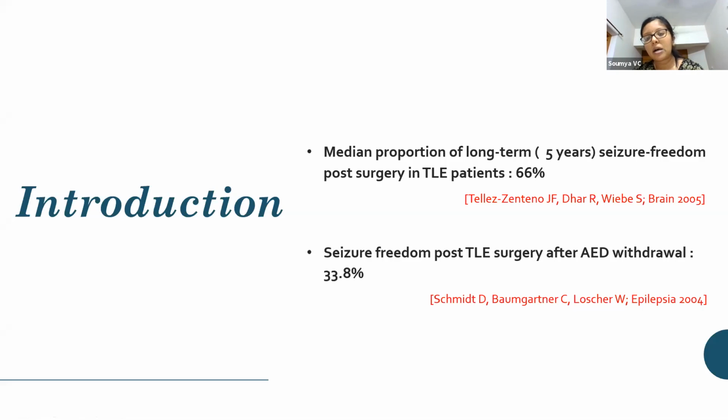However, the success of temporal lobe epilepsy surgery depends on correctly identifying the epileptogenic zone. The median proportion of long-term seizure freedom post-surgery in temporal lobe epilepsy patients is around 66%, and this further drops to around 33.8% after anti-epileptic drug withdrawal post-surgery.